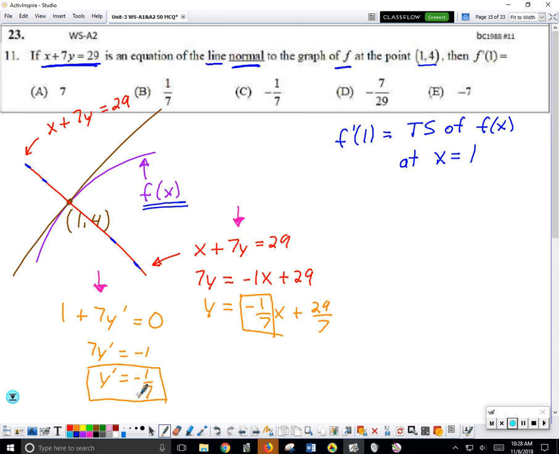Anybody else? Sarah did that. Yeah, I figured out the same thing, but I tried to double check my answers, so I took out the n to get to its original equation. So I got negative 1 over 7 in parentheses x. And from the 29, I tried to separate out the 4.